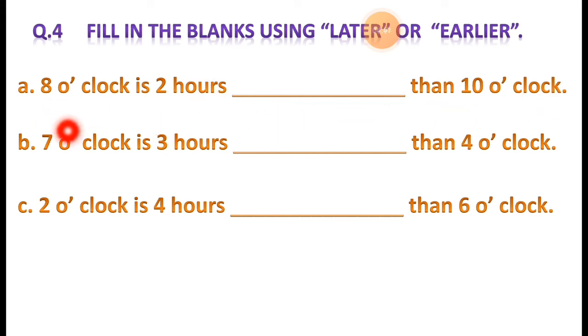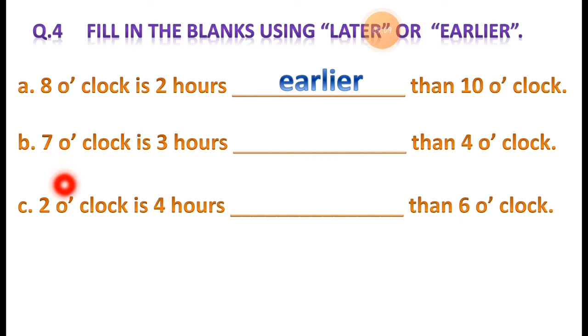What is the meaning? Before 10 o'clock or later than 10 o'clock? The answer is earlier. So 8 o'clock is 2 hours earlier than 10 o'clock. After 2 hours it is 10 o'clock.